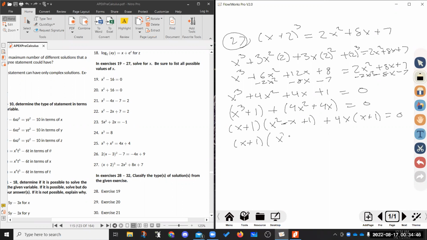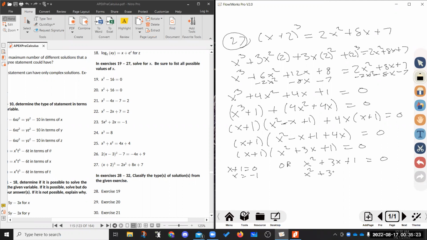It's going to leave me with x squared minus x plus 1 plus 4x is equal to 0. That's x squared plus 3x plus 1. So we are going now to set each factor equal to 0. x equals negative 1.